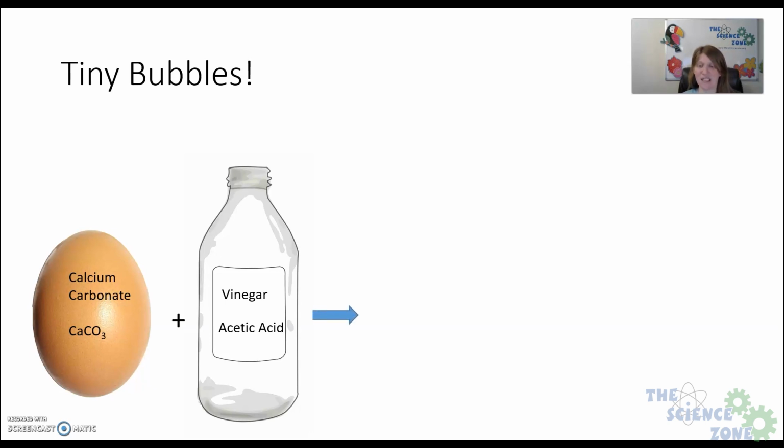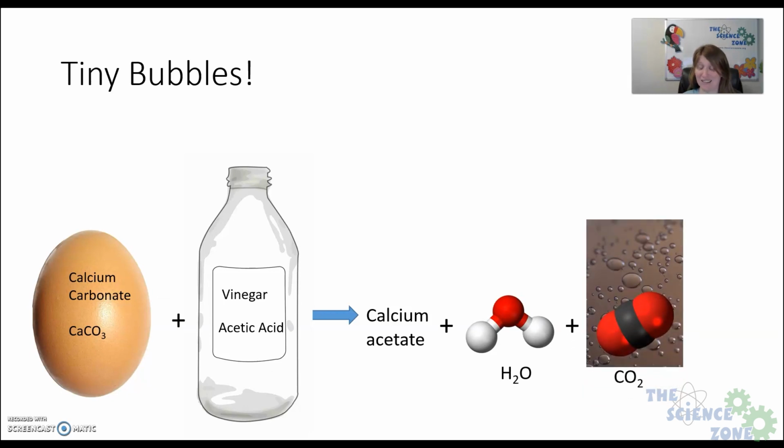Okay, so this arrow denotes the chemical reaction that is occurring. So when we add calcium carbonate and vinegar, what we get is something called calcium acetate, water, and carbon dioxide. The carbon dioxide are the bubbles that you saw around your egg. They're also the bubbles that we just saw here.